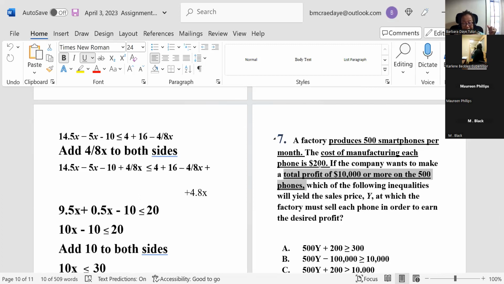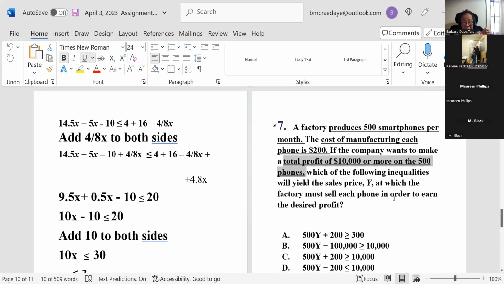You want to get that profit, 10,000 or more, right? So that means you want to know, what do I do to get my 10,000 or more profit? So the cost of producing the phones is how much?